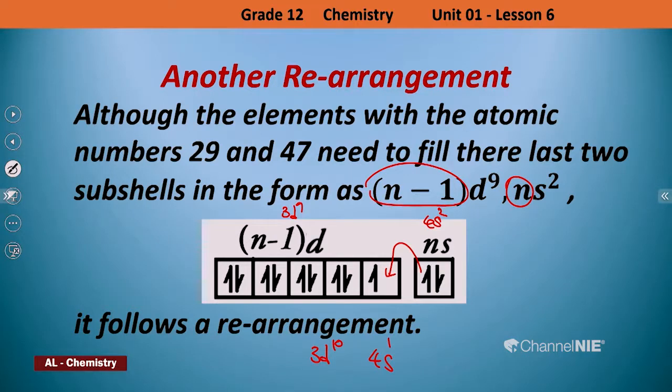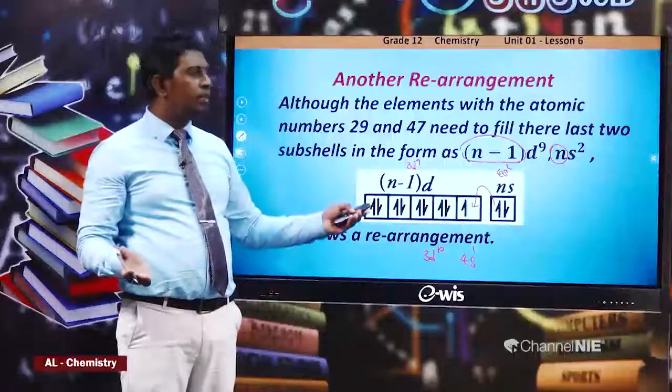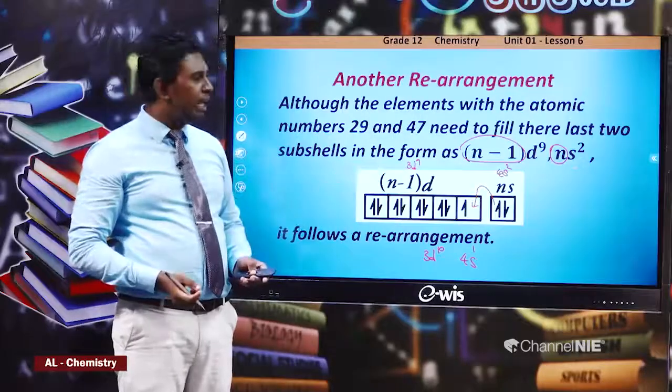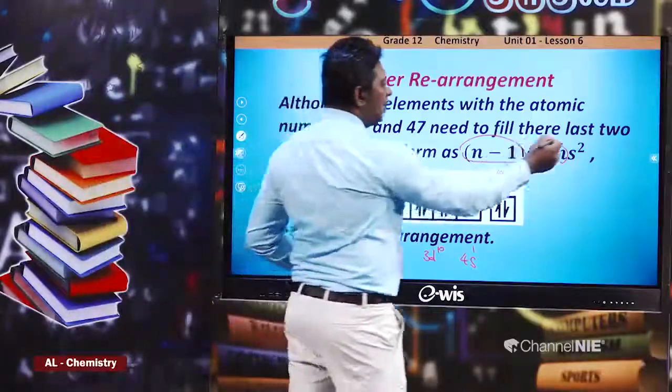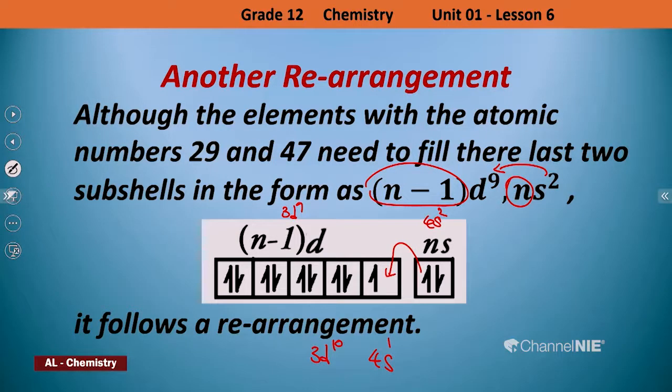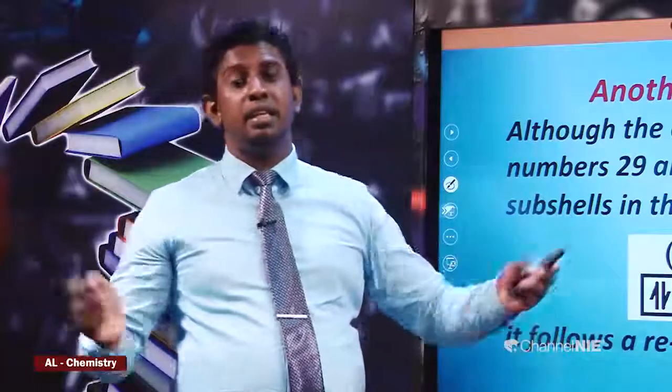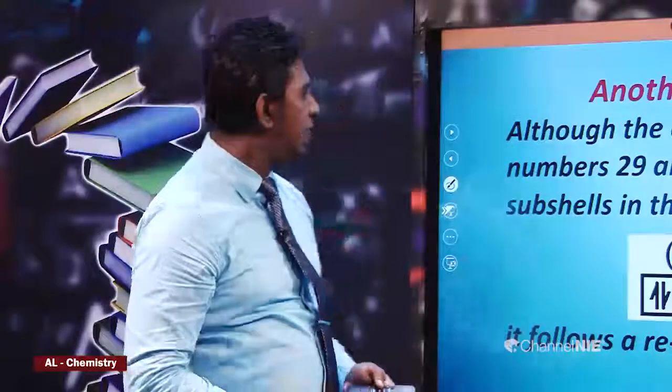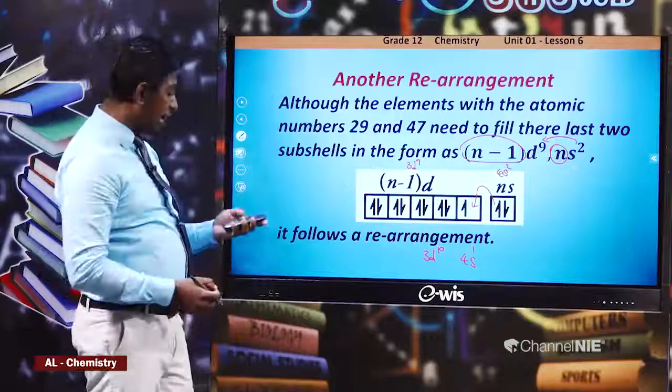When you have this kind of electronic configuration to be written according to the Aufbau principle, you better make one electron excite here and make it ns1 and (n-1)d10. So it reaches that stable electronic configuration; they get rearranged. Okay, that's the story regarding copper.